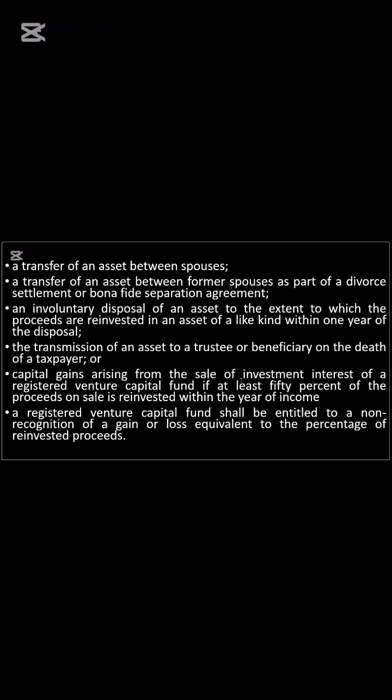In that case, we don't say that this gain on disposal must be included in the chargeable income for tax purposes, no. Or if it is a transfer of an asset between former spouses, in that case, no. Then three, an involuntary disposal. Maybe it has crashed in an accident.